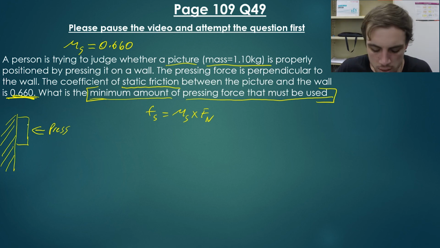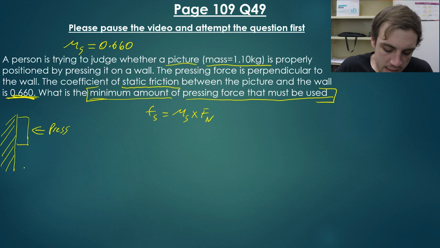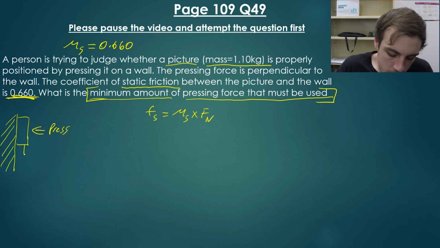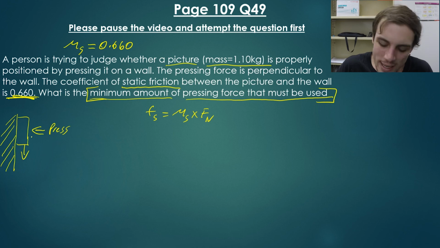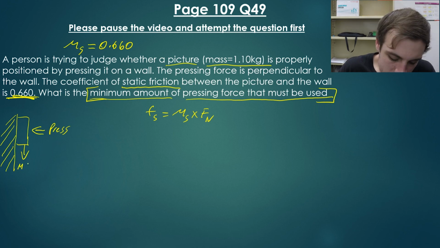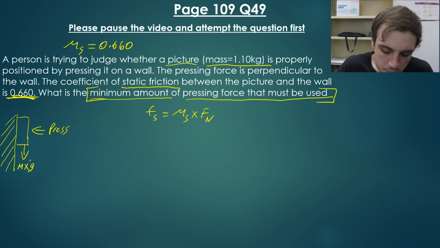That's not important. So we look at our other axis. What do we have going on here? So we know that there is a force pushing this frame downwards, which is gravity. So remembering that the weight of something, which is the force inflicted on an object due to gravity, is the weight. So this is mass times gravity.